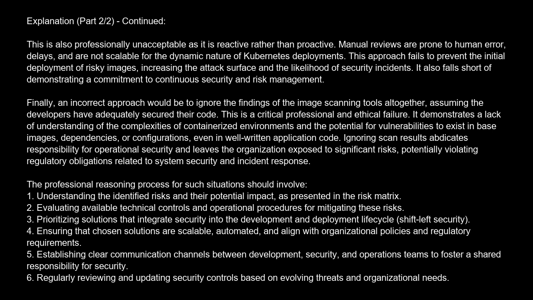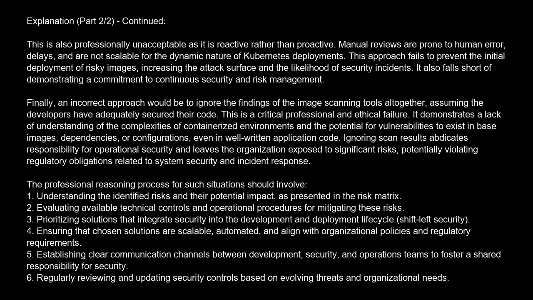The professional reasoning process for such situations should involve: 1. Understanding the identified risks and their potential impact, as presented in the risk matrix. 2. Evaluating available technical controls and operational procedures for mitigating these risks. 3. Prioritizing solutions that integrate security into the development and deployment lifecycle, shift-left security. 4.